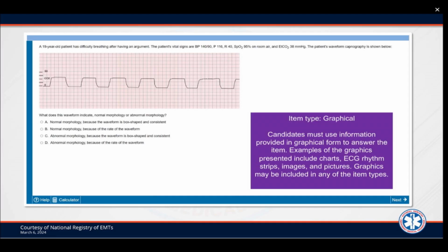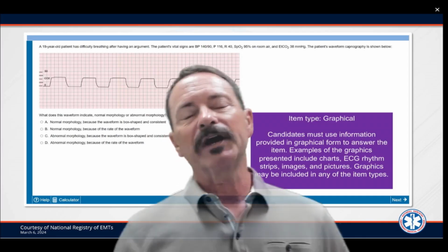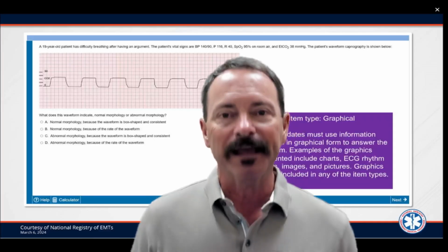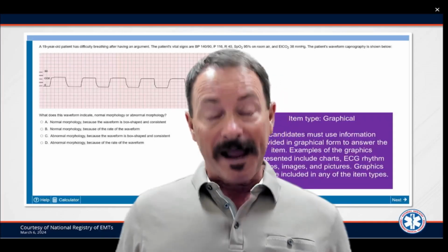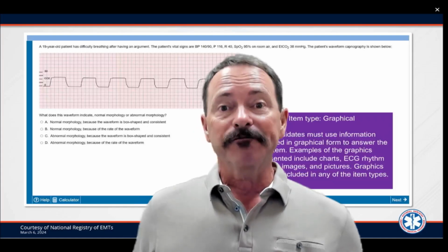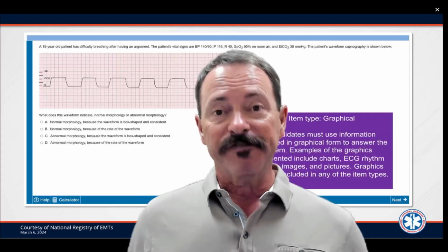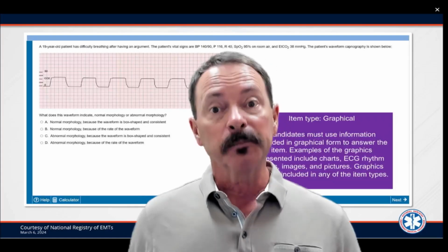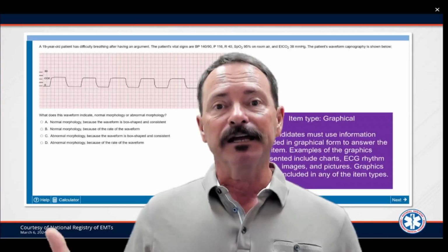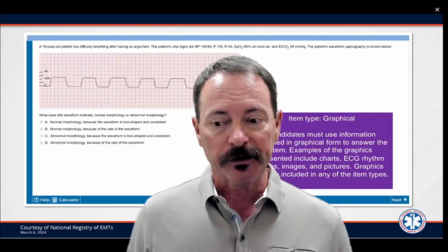So looking at this, I've got to be able to pick one answer, right? It's a multiple choice, but it's looking at the capnograph, and I need to know what is normal. Square waveforms are good. Shark-finned or rounded waveforms are bad. And it needs to be between 35 and 45 millimeters mercury.